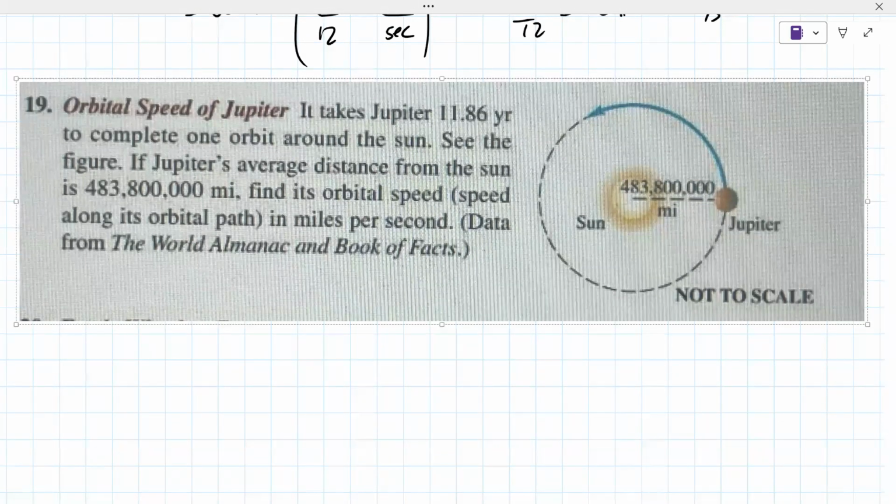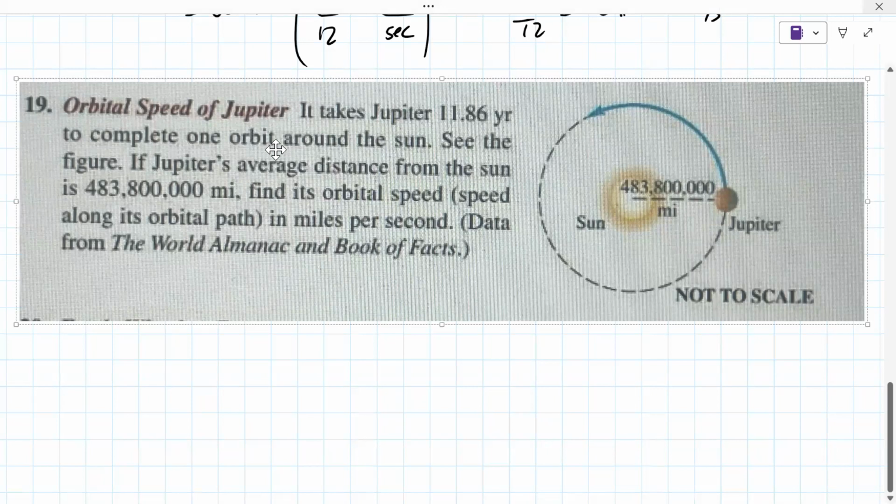But because it's so far away, we don't actually have a good sense of that, and that's why it says not to scale. It's not even this close. The problem with some of the models is they're so far away, it's hard to get a sense of what it is.